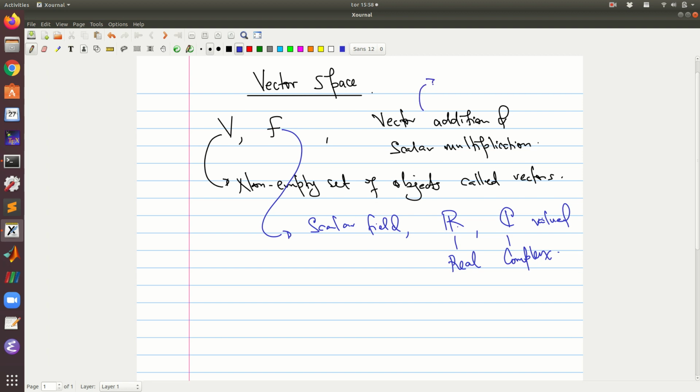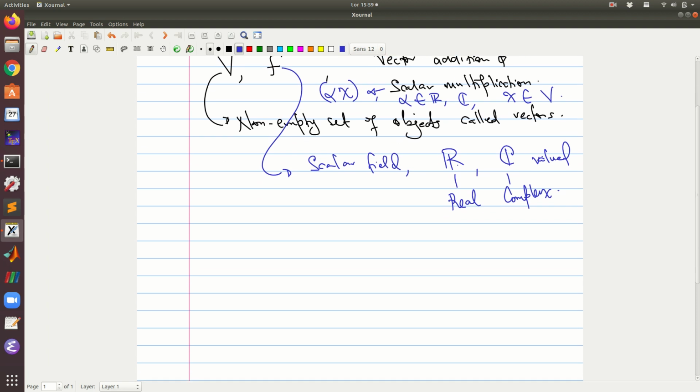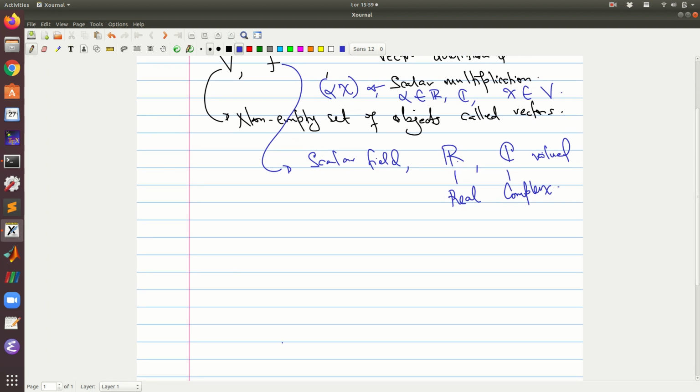So vector addition, maybe we can have x plus y, where x and y are both vectors taken from the space V. And then scalar multiplication, for example, we can have alpha times x, where alpha is either taken from real valued or complex valued, and then x is taken from the vector space here.